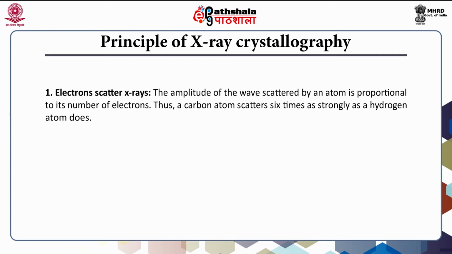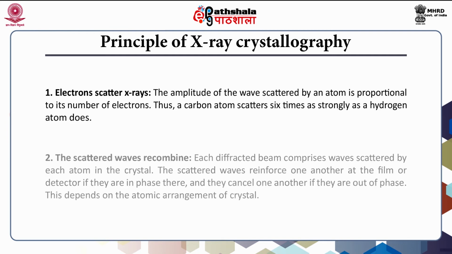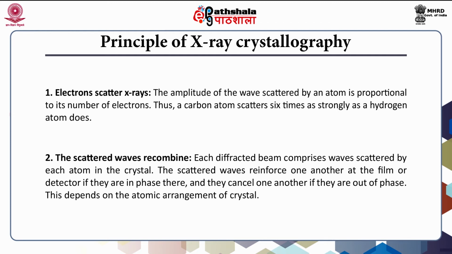The second principle in X-ray crystallography is that the scattered waves recombine. What does it mean? Each diffracted beam comprises waves scattered by each atom in the crystal. That means each atom creates a particular wave after being hit by the X-rays. Similarly, 2 atoms produce 2 different waves, and these waves have crests and troughs.